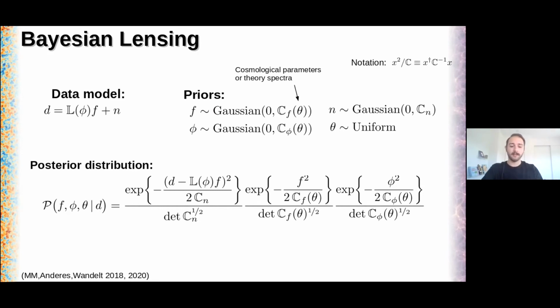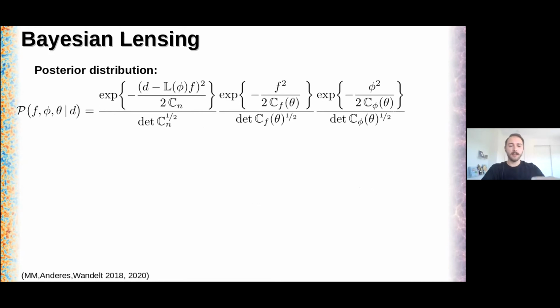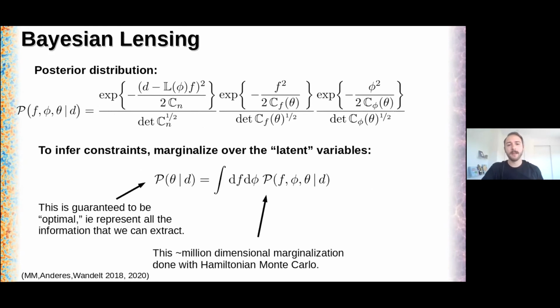So this is a very high dimensional function. And here I'm just moving it to the top of the slide. But the way to then get constraints out of this analysis is that you have to marginalize over these very high dimensions to get down to the posterior distribution of just the parameters that you're interested in.